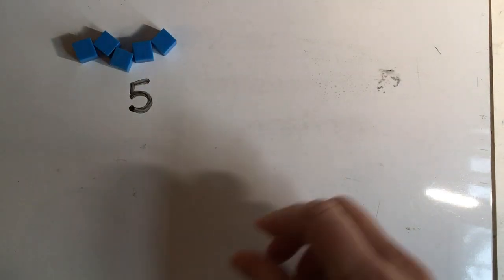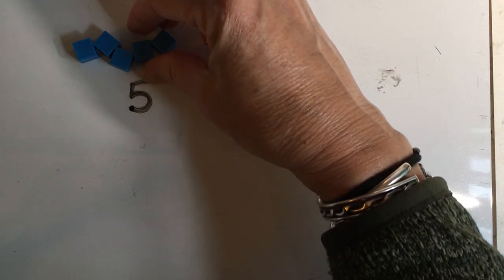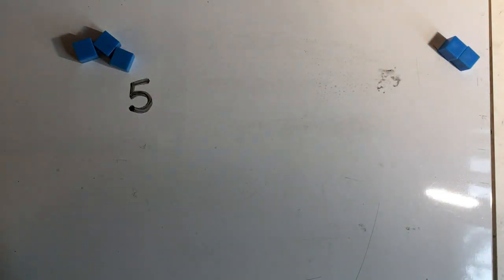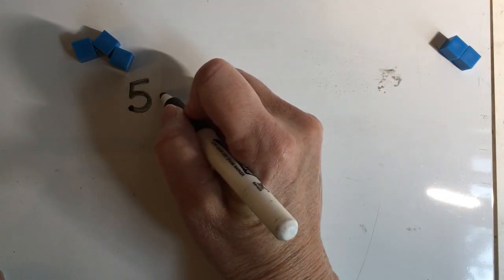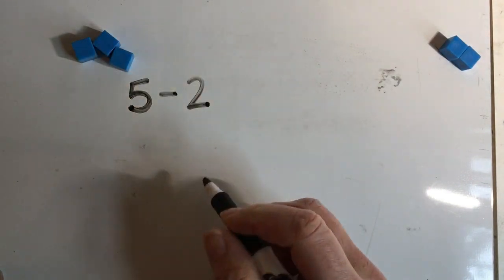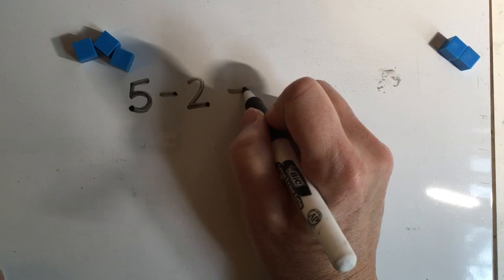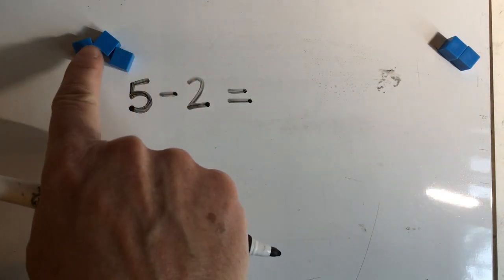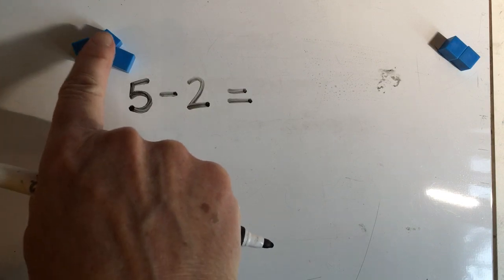So now I'm going to take away some of those little cubes. So I'm taking away how many? 2. I'm taking them away. I'm putting them way over there. So my number sentence is going to be 5 minus 2, right? Now to make my sentence, I'm going to put in equals. And what is the other part? What's left?